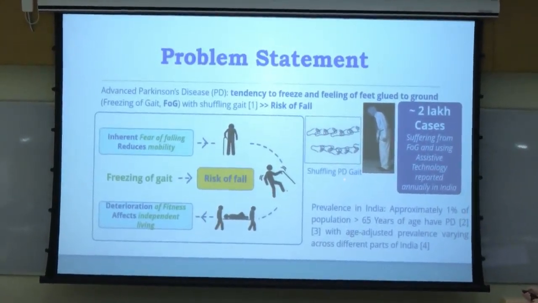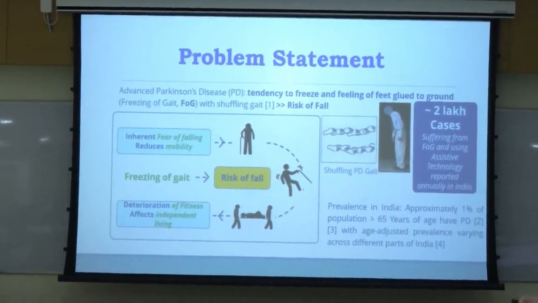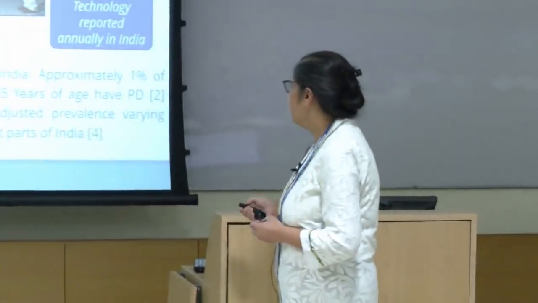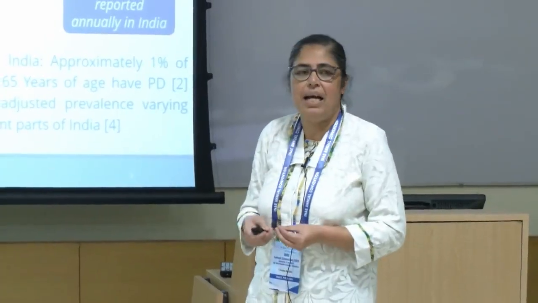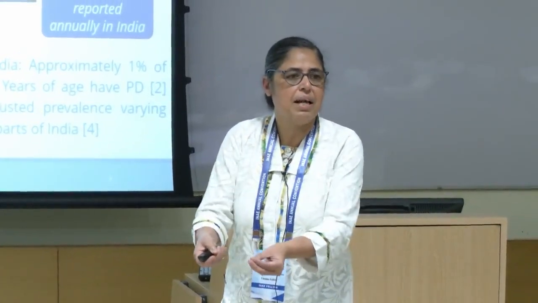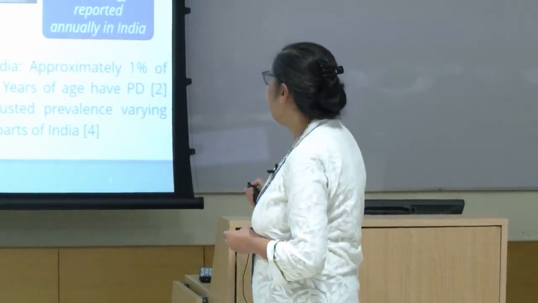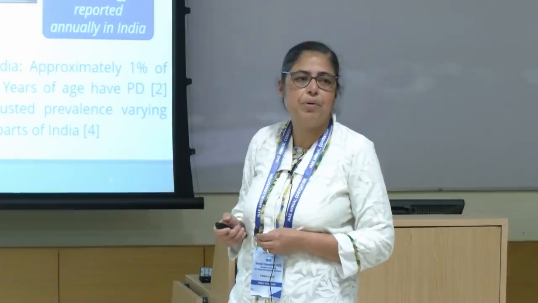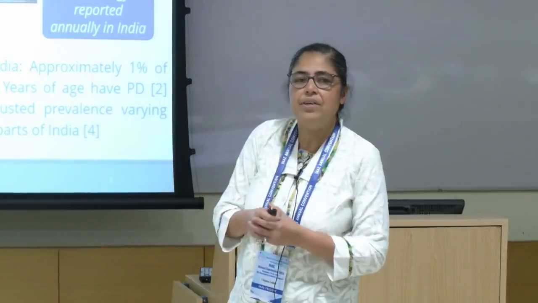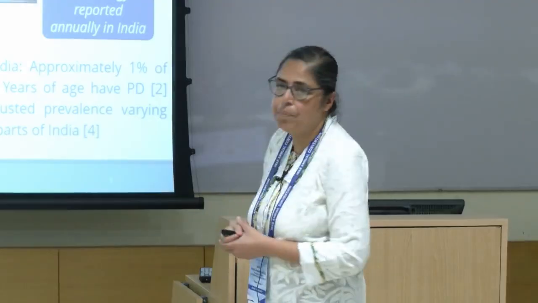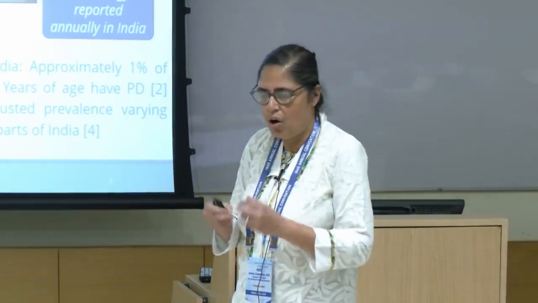And this is characterized, which is very visible at advanced stages. There is shuffling of gait, slow shuffling of gait, which can be an indicator that the person is about to freeze. Now, about 2 lakh cases per year have been reported of people suffering from Parkinson's disease, and they have been reported to use various types of technology, maybe a smart cane or other devices.